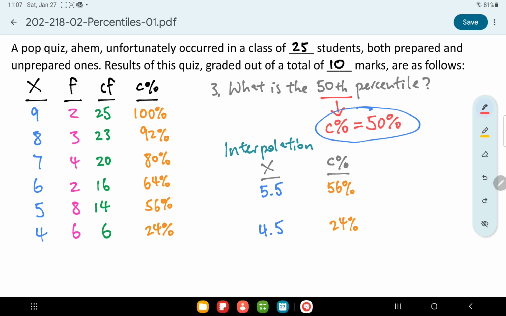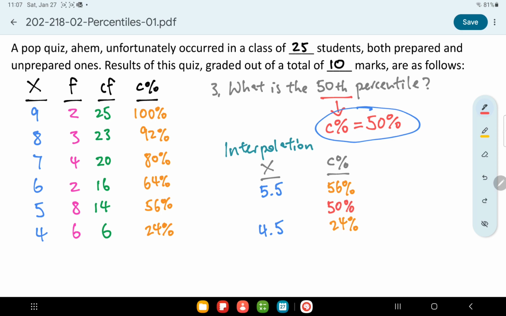Take a look here. The beginning stage of interpolation is to construct a table that looks something like this. We know that the cumulative percentage of 50% lies somewhere between 56% and 24%. Let me just write this down.